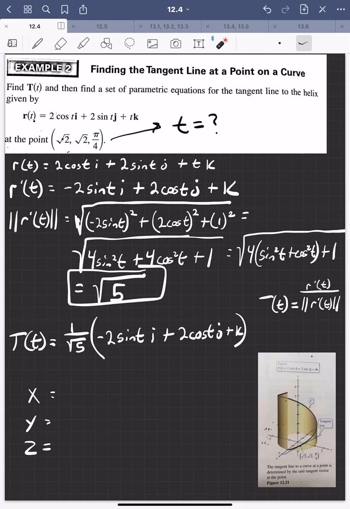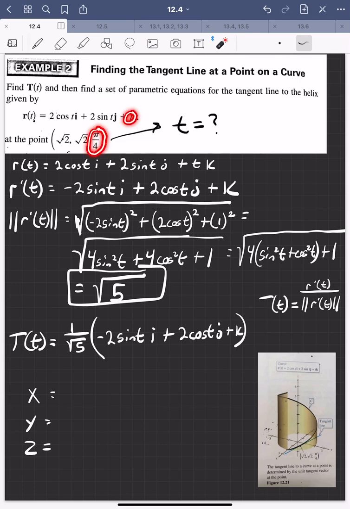Well, you can see that, just look at your z. So we have the square root of 2. This is part of our i component, part of our j. But notice that when setting this equal, we could set t equal to pi over 4.